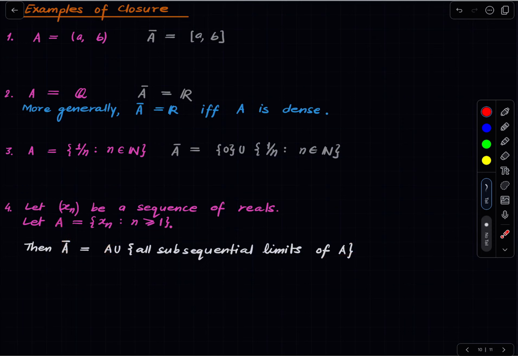And why is this all of A closure? Well, if we pick something which is away from here, which is not a subsequential limit and is not an element of A, then we want to show it cannot be in A closure. But if it is in A closure, then every open interval around it will intersect A, and then you will be able to find a sequence of points in A which converges to that, and hence it will become a subsequential limit.